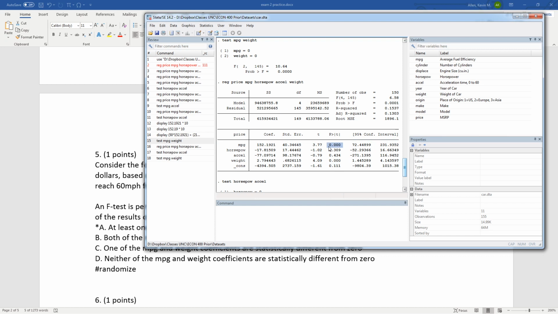They're both different from 0, but the F-test alone can't tell you that. You need to go looking at these individual tests to figure out if either one of them is, or maybe try to identify if there's a large group of these variables, which one is statistically significant.